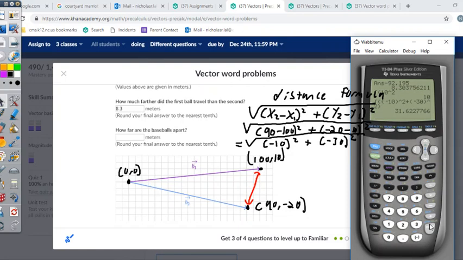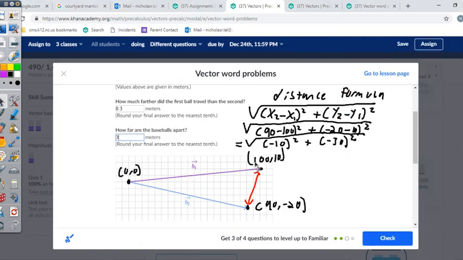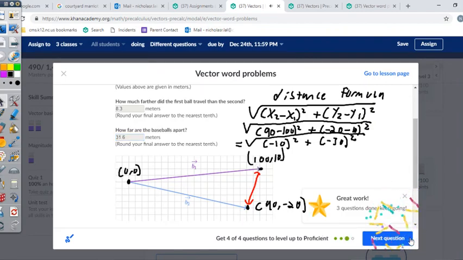That should be 31.622 meters. And just to double check that, find the square root of 10 squared plus 30 squared. 31.622. So 31.6. All right, let's see if we're right. Great.